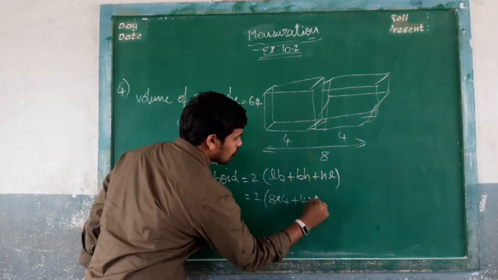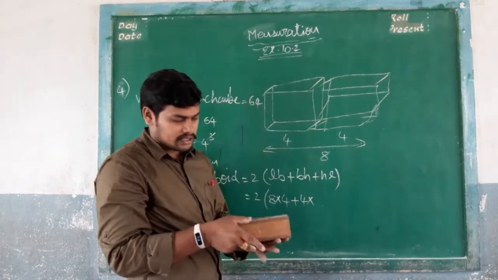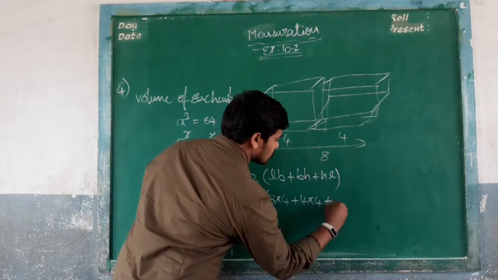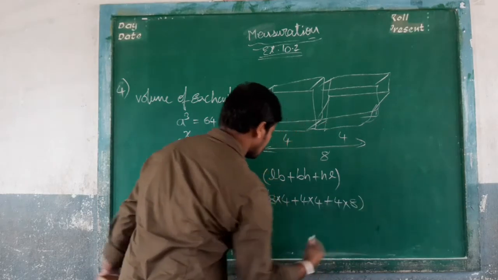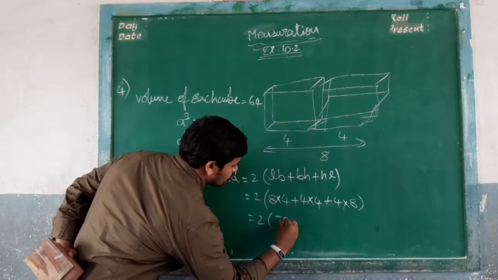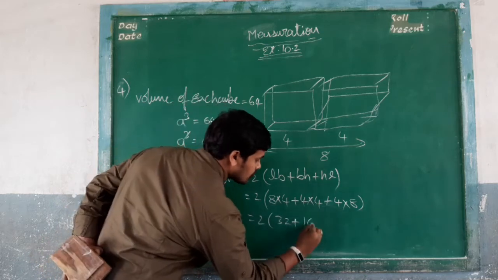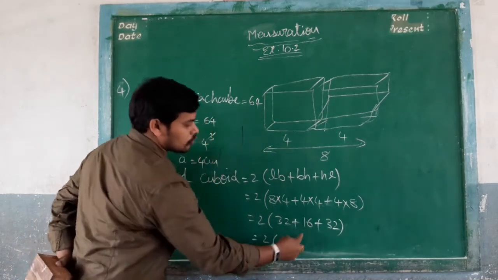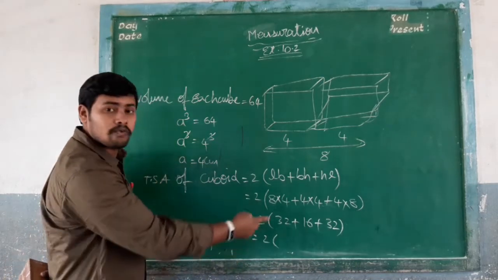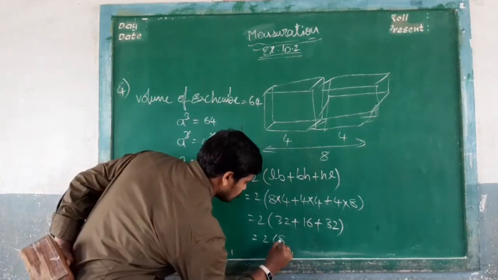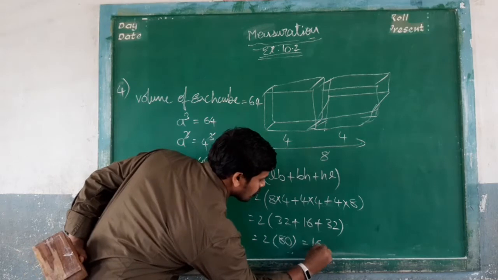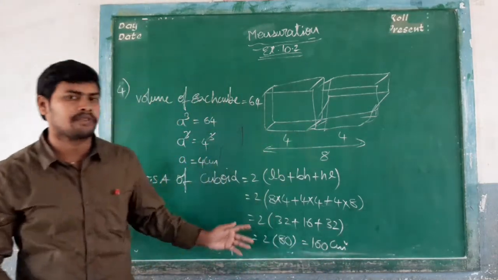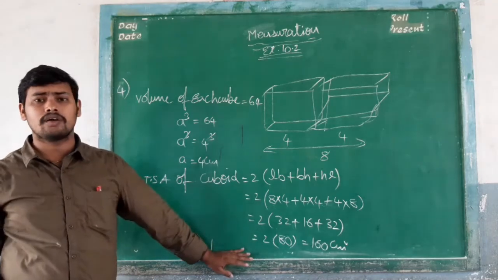Height is also not changing, so height is 4. 2 times (32 plus 16 plus 32) is 2 times 80, which is 160 square centimeters. This is the total surface area of the cuboid.